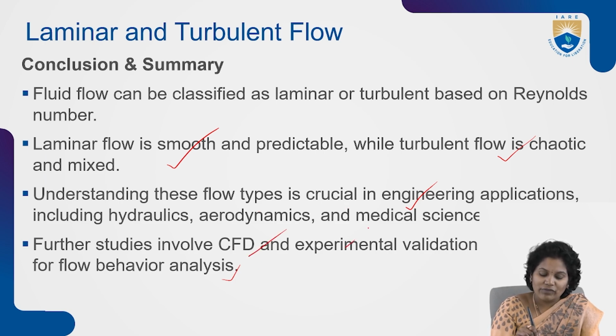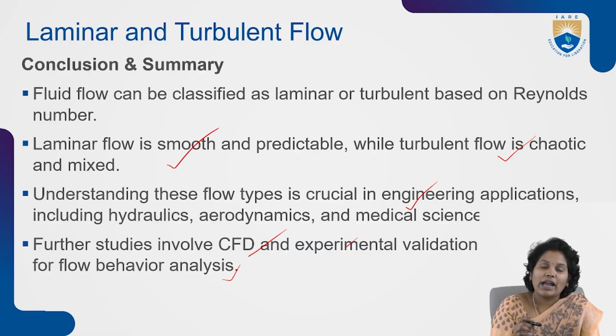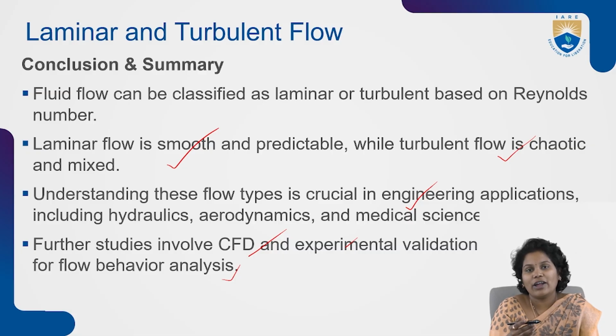By using these two methods, we can find what type of flow is moving in a circular pipe. If the flow has high velocity and low viscosity, we can say it is turbulent flow. If the flow is moving with low velocity and high viscosity, then we call it laminar flow.